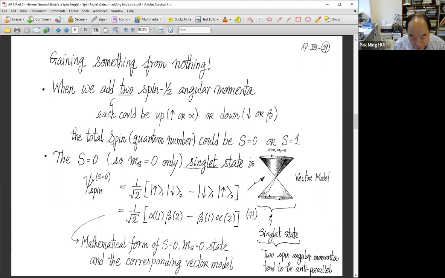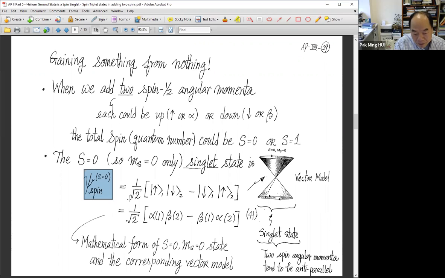We have used the -1. This is the singlet, but there could be a +1, okay, the plus sign, and that will be symmetric, all right? So here we conclude this is the spin singlet. We learned two spin half can add to a spin triplet and a spin singlet.